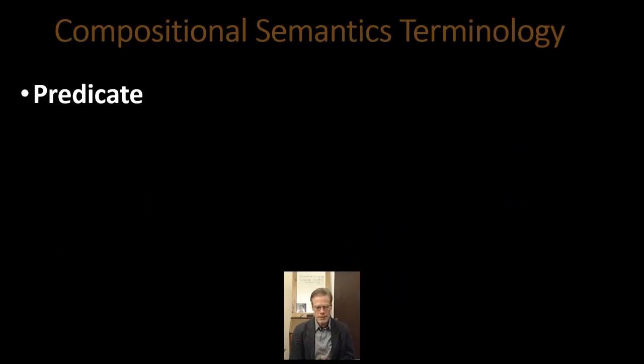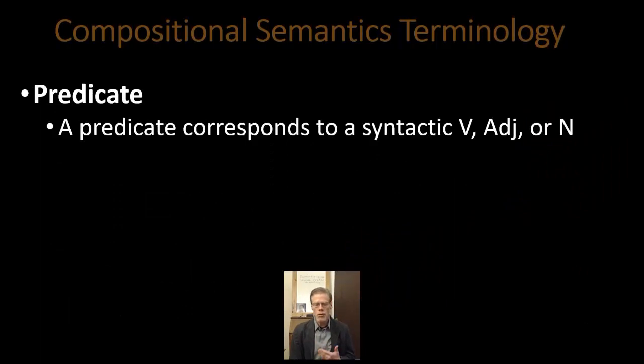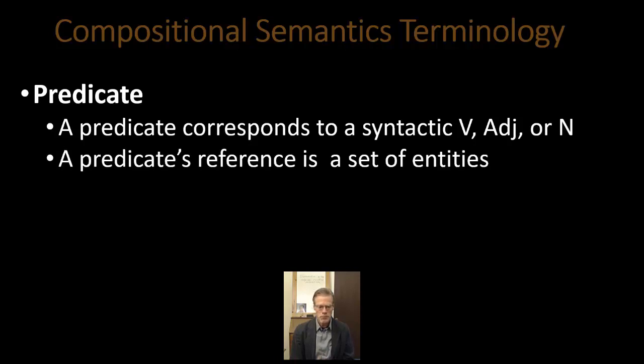The predicate corresponds to a verb, an adjective, or a noun. Most of the time I think we think of a predicate corresponding to a verb, but it can also be related to an adjective, and surprisingly to a lot of people, it can also correspond to a noun.